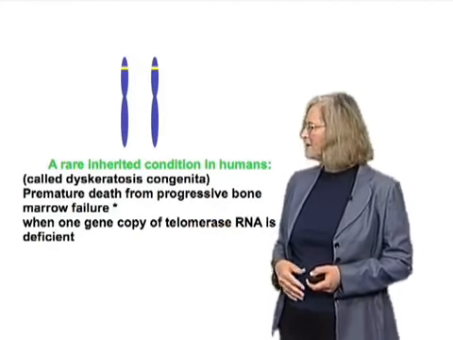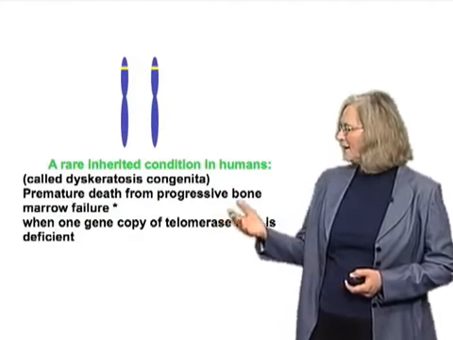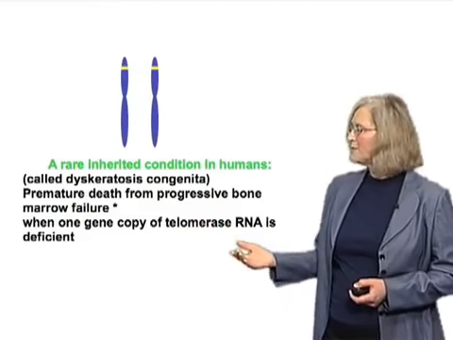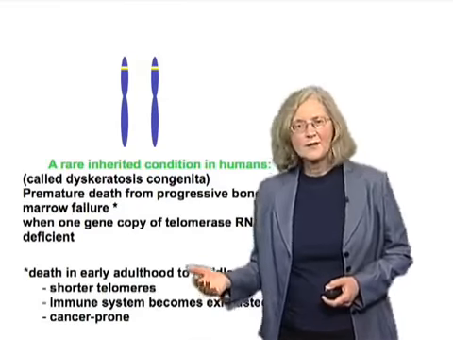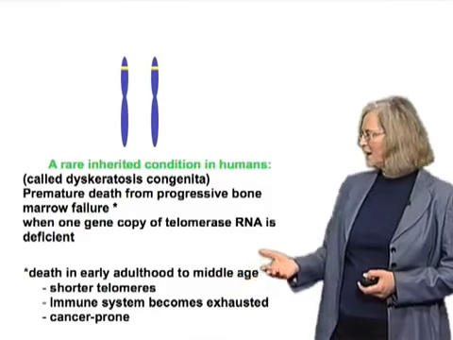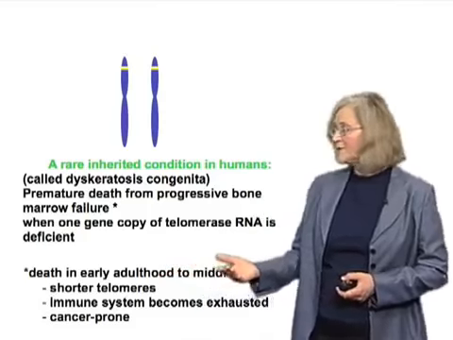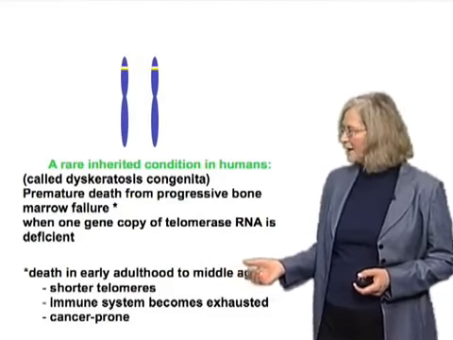When one of those copies doesn't work, then the primary clinical problem is progressive bone marrow failure. This, as I said, causes premature death. Indeed, it can cause it in early adulthood, sometimes even childhood, up to middle age.